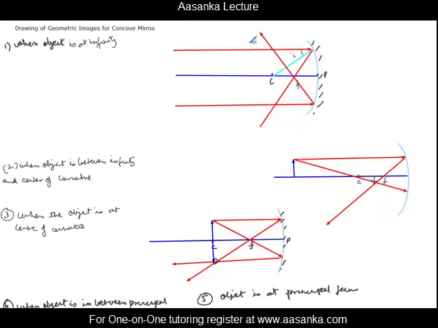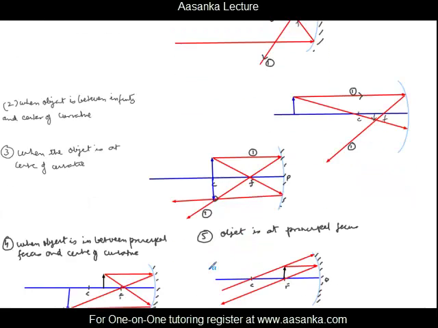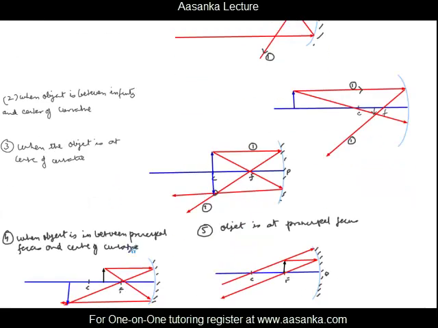Whether it's this case, parallel to the principal axis going back like this after reflection, or this case, ray 1, again parallel to the principal axis going through the focus. So this is one ray that is present everywhere, parallel to the principal axis passing through the focus.